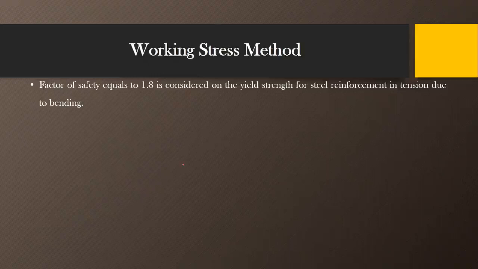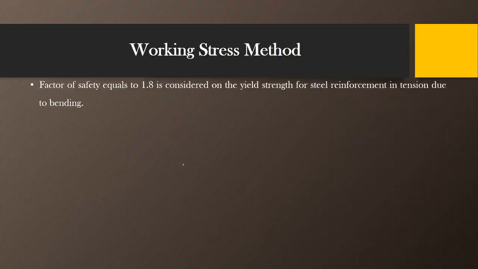Similarly, for steel, the factor of safety is adopted equal to 1.8. That is, the factor of safety equal to 1.8 is considered on yield strength for steel reinforcement in tension due to bending.